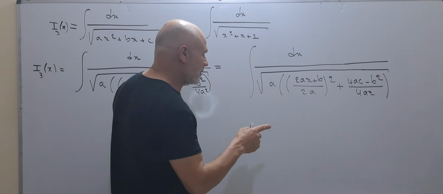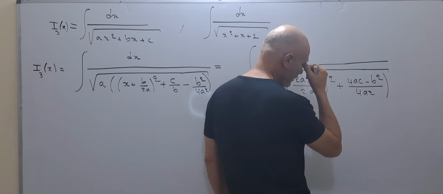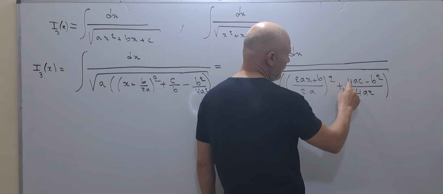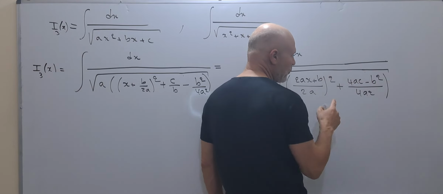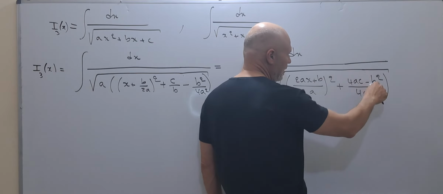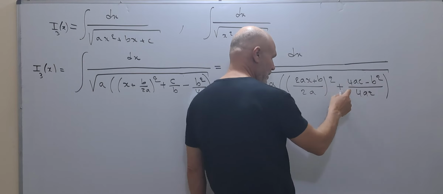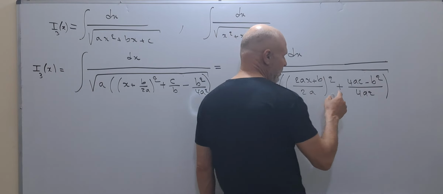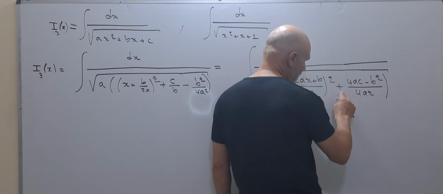In this case, we have 4ac minus b squared positive. Since this is positive, delta is negative, it takes this form. And if delta is positive, it takes here minus.